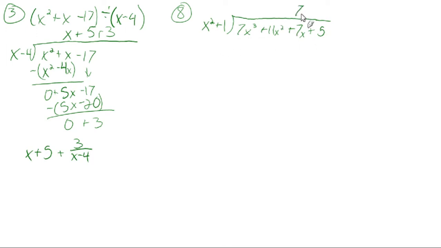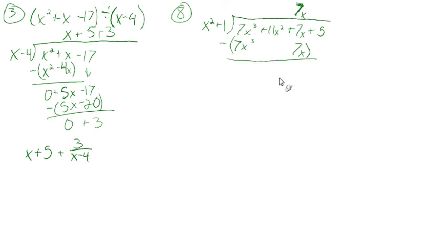So we'll just put 7x over here. And then 7x times x squared is 7x to the third. 7x times 1 is 7x. So we're going to put that over here because it lines up with the 7x. Because the next thing we're going to do is subtract.